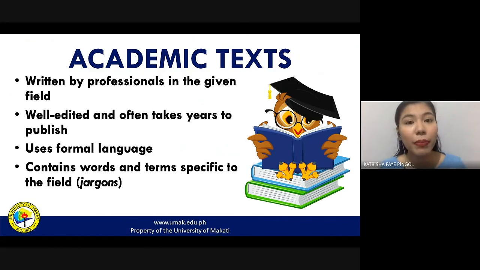And people like us, who are not familiar with the field of medicine, can consider these terms unfamiliar. Okay? Now, these words and terms that are specific to a particular field are what we refer to as jargons.